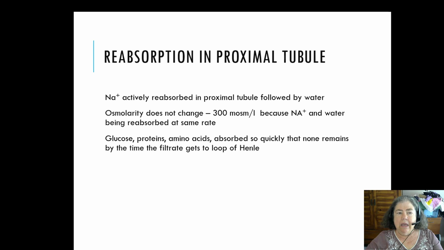So there's a lot of sodium reabsorbed in the proximal tubule, and water moves with sodium in this case. If the sodium is reabsorbed, the water is reabsorbed, and the osmolarity doesn't change. So the osmolarity now in the filtrate is the same as it is in plasma.